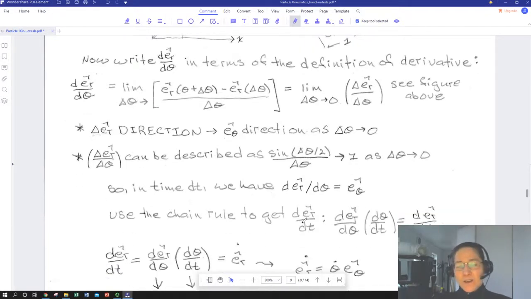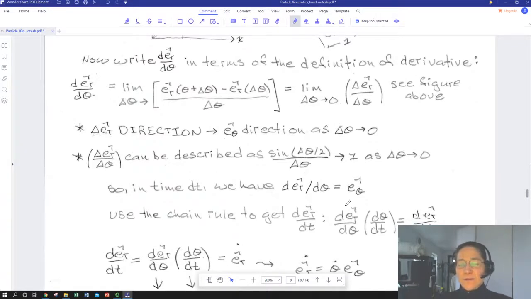And so we can even express this with a chain rule now and say, okay, change in the r hat with theta times change in the theta with time, we're going to get the change in the r hat with time.